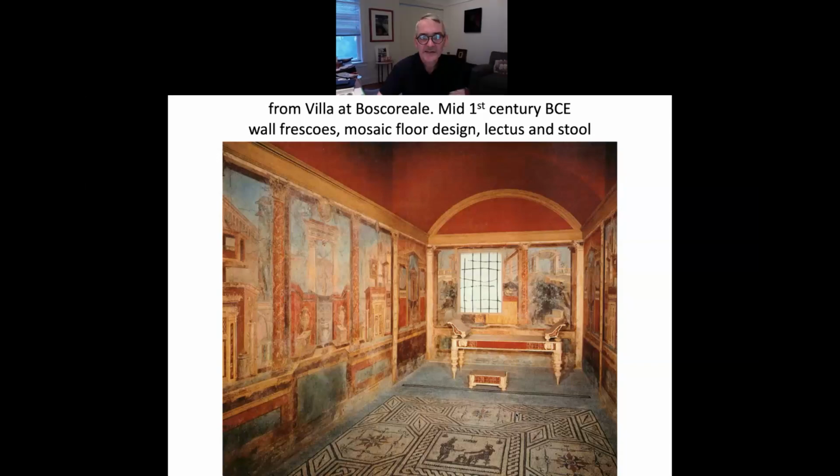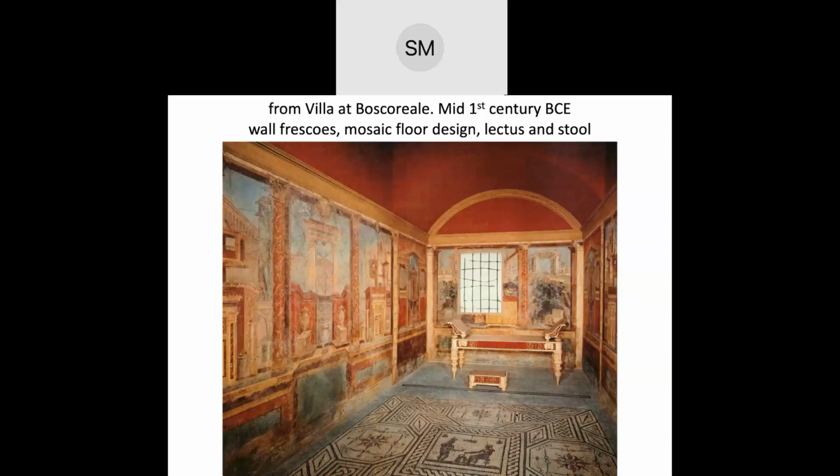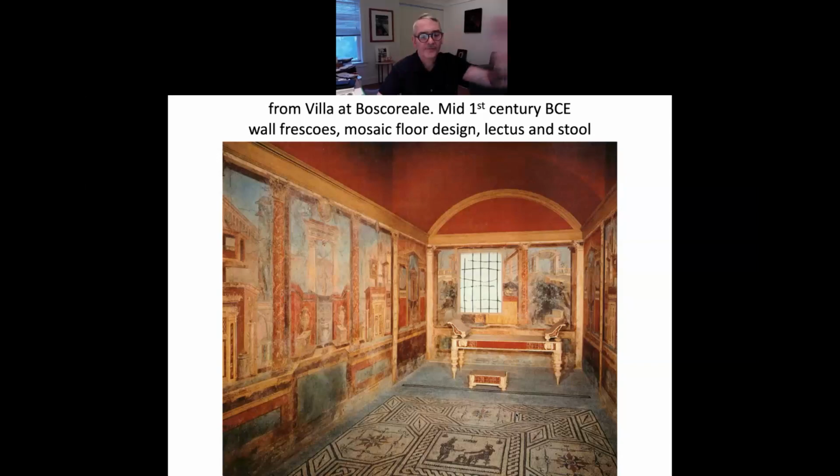The technique of fresco is when you have a plaster wall, and the plaster is wet. You've just made this fresh plaster wall, and then the last layer, you make a painting into the wet plaster with water-based paints.